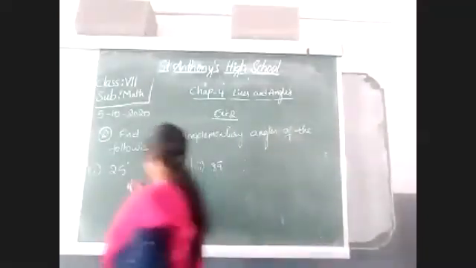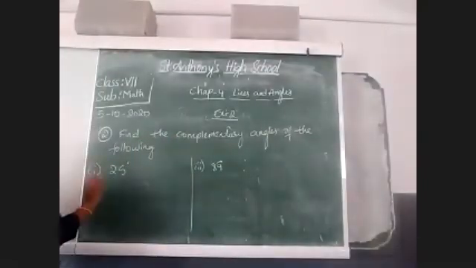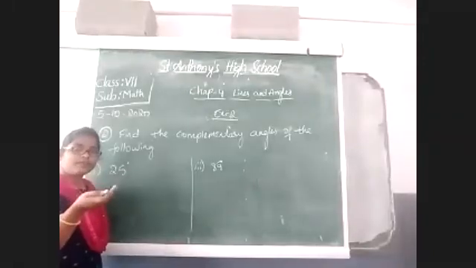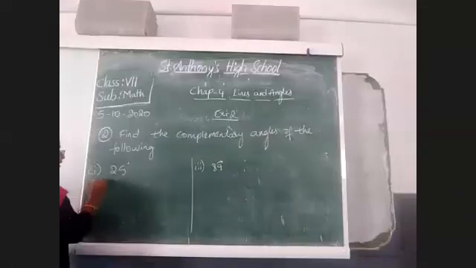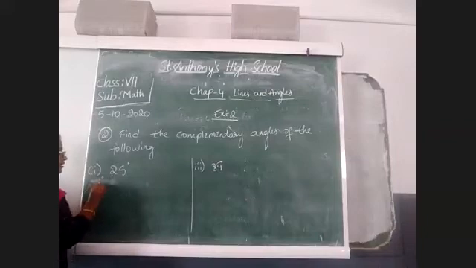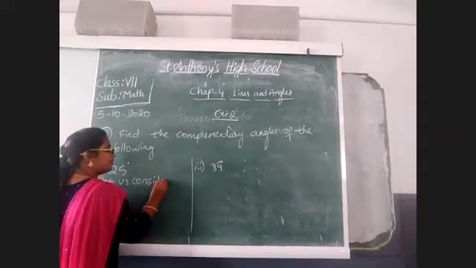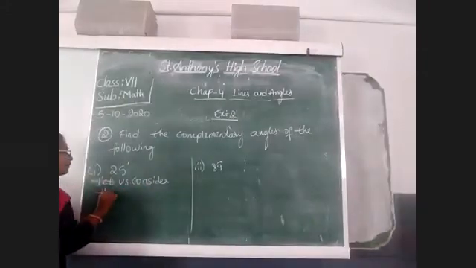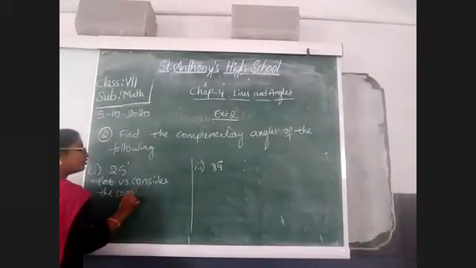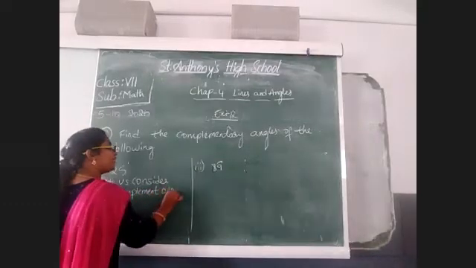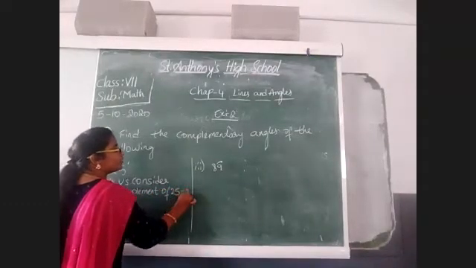Clear? Now, what is the unknown value? 25 is one known value and the other we don't know. So first let us consider the complement of 25 equal to x.